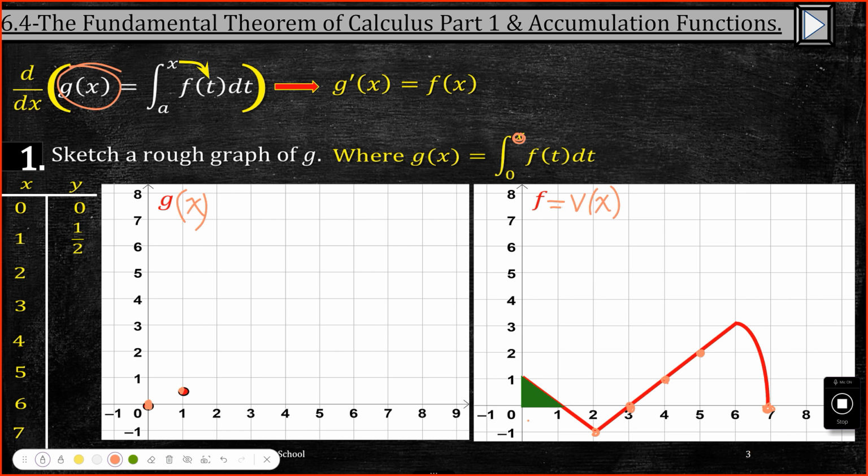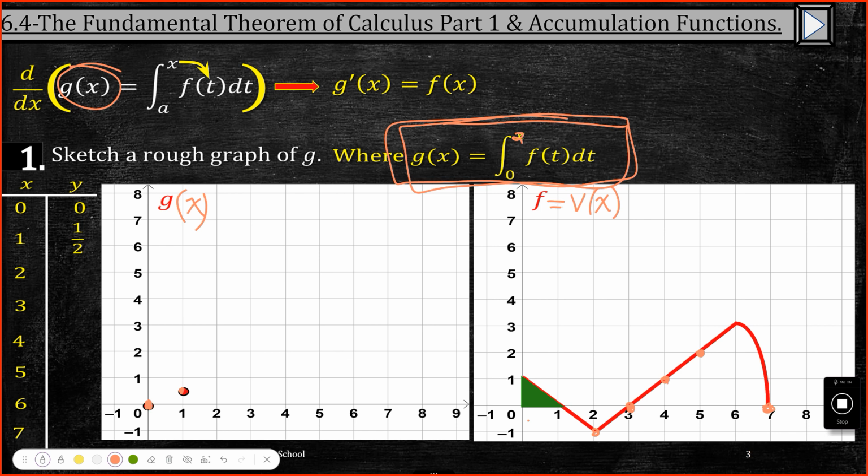For x equal to 2, we're plugging in here now. Again, as we continue on from 0, x is 2 here for this function. This is what we're looking at, the relationship. What's the area under the curve from 0 to 2?